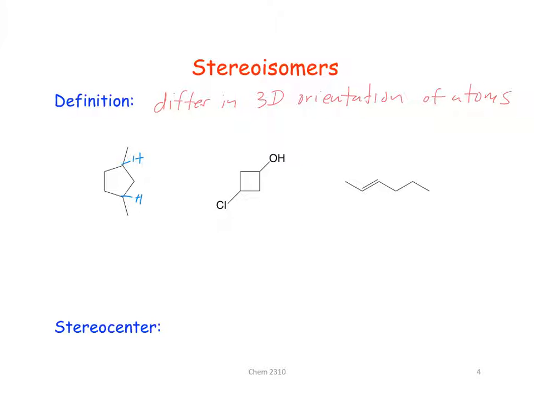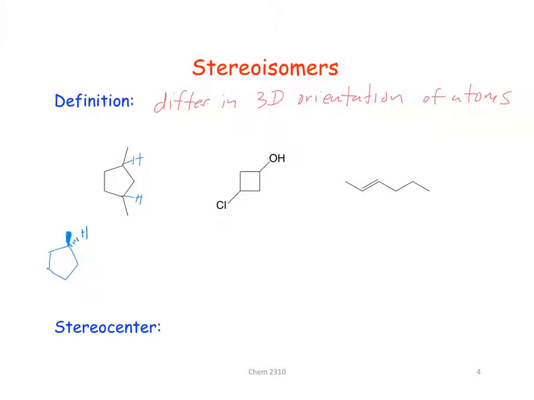If we start trying to draw this, indicating the three-dimensional orientation of those groups, because it's tetrahedral, we would have to designate the methyl and the hydrogen with one being a wedge and one being a dashed line. So if I start out putting this methyl group as a wedge, the H would be a dashed line.